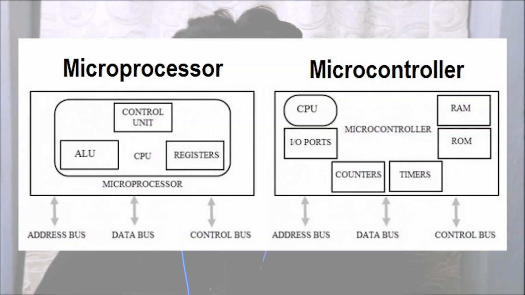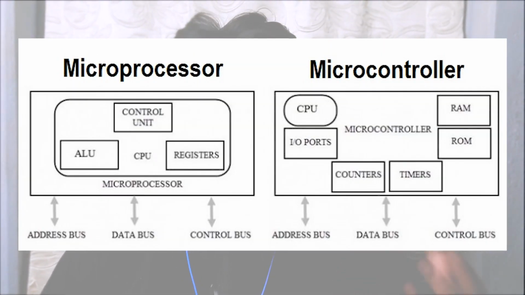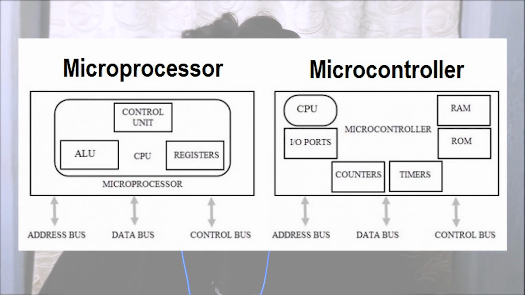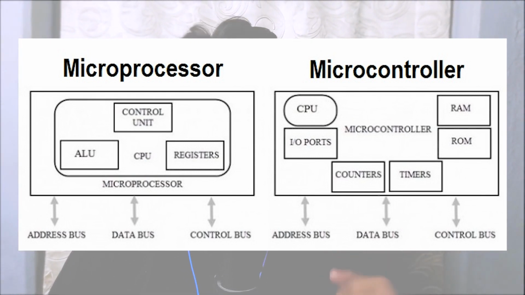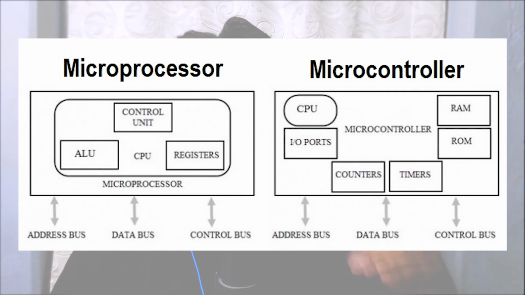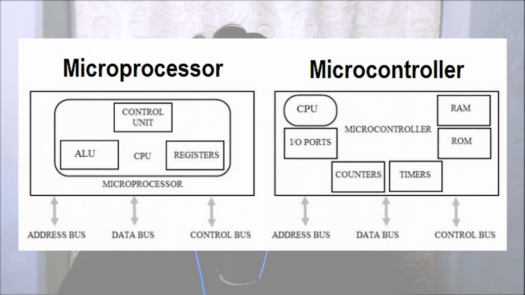But the microcontroller doesn't need any external RAM or ROM to work. It can work alone. So the basic difference is the microprocessor needs external RAM and ROM to run, but the microcontroller doesn't need external RAM and ROM because the RAM and ROM are built into the microcontroller along with the processing unit. So that is the first difference.